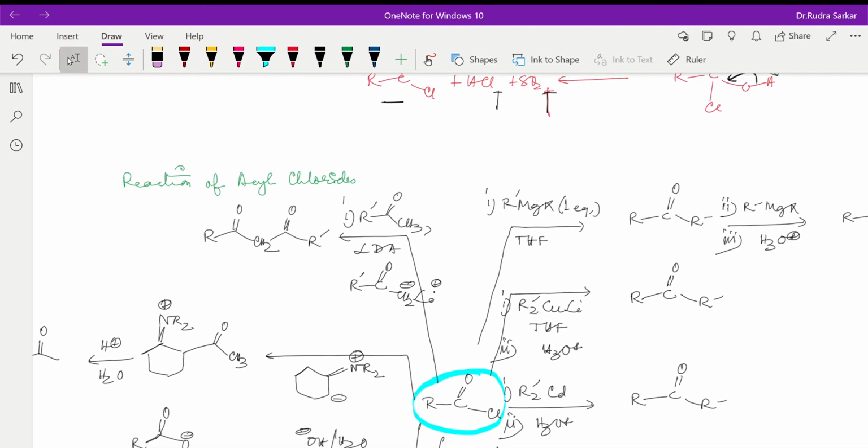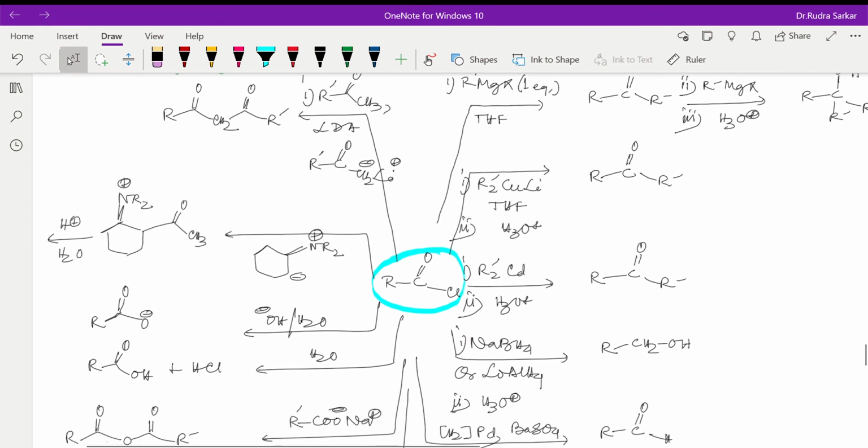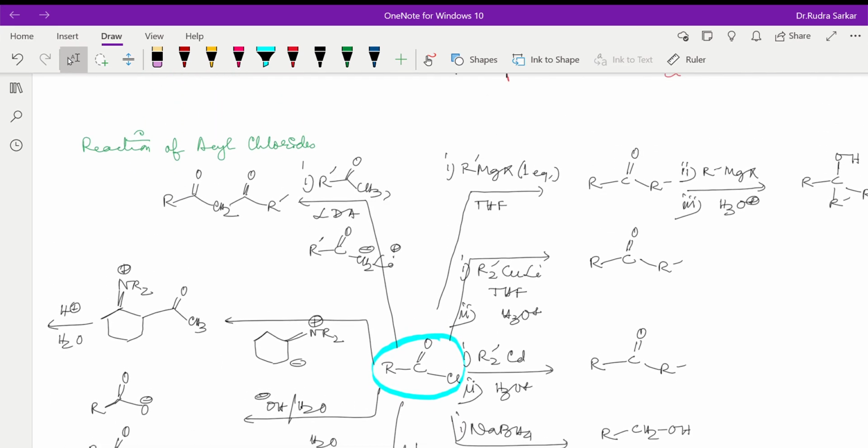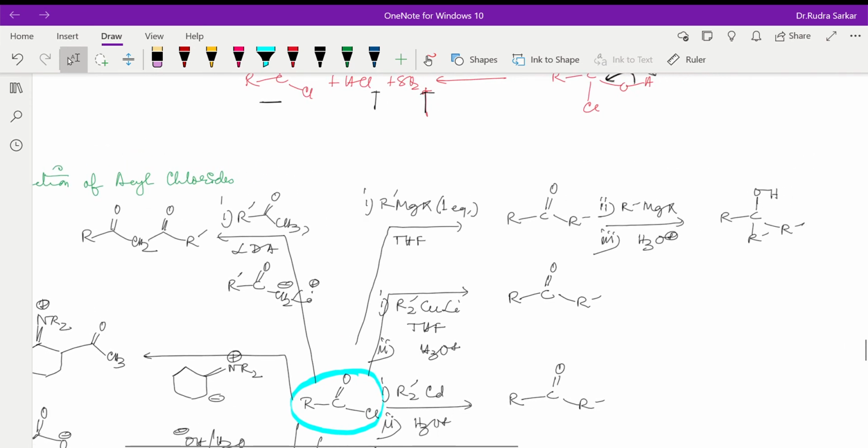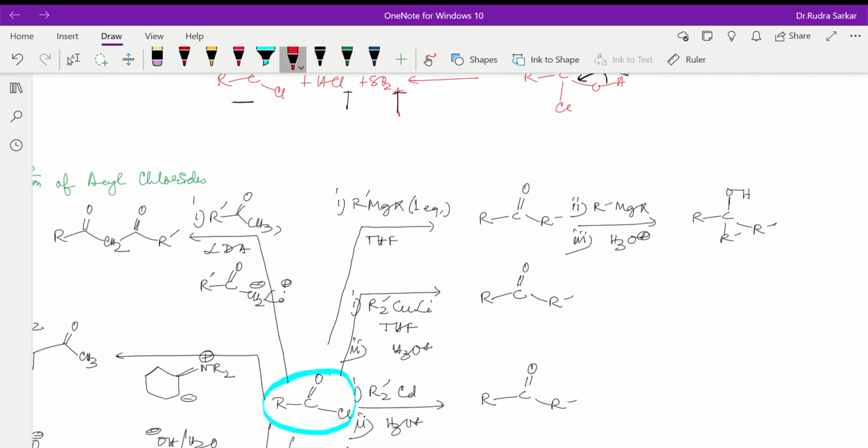Now here I have arranged a list of reactions which can be undergone by acid chlorides. Again, something we have discussed before, but just a reminder: acid chlorides can undergo nucleophilic attack by RMgX if you're using only one equivalent, so it can form a ketone. If you're using another equivalent, then further reaction will take place, leading after acidic workup to a 3-degree alcohol.